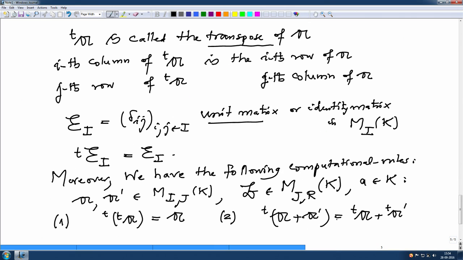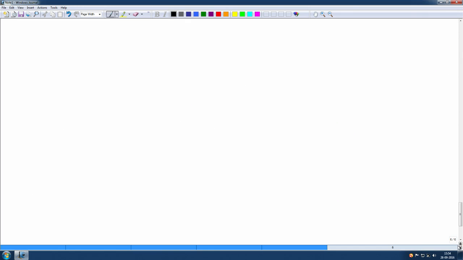This means the addition of matrices respects the transpose. Third, if I multiply matrix A by scalar a and then take the transpose, it is the same as a times the transpose of A.